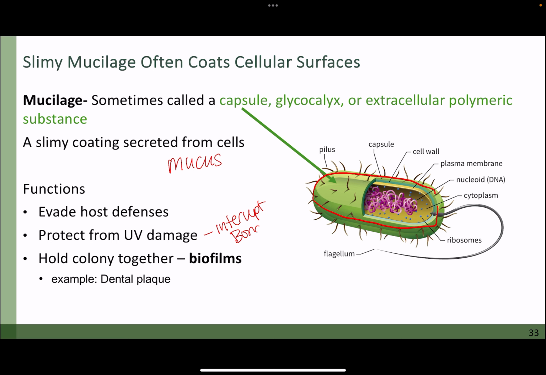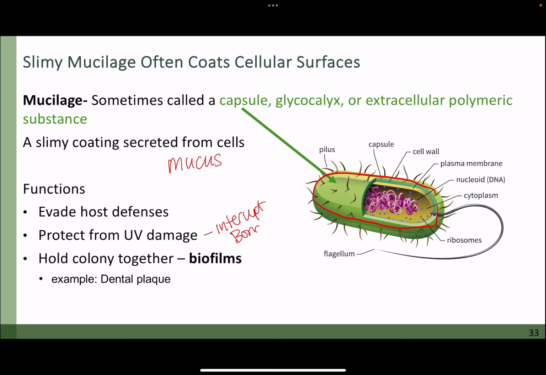And so we don't want that. It's a sort of protection, kind of like a sunscreen against UV damage. They also work to hold colonies together. We talked about those cyanobacteria mats. Those colonies may also be called biofilms. This is kind of a thin layer of cells along a surface.